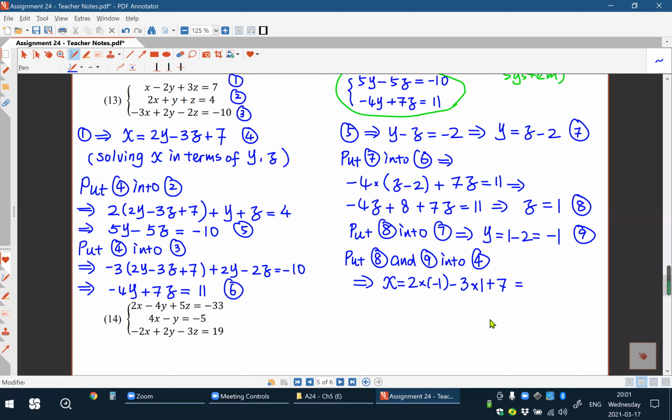So the value of x is 2. Now we can make the final conclusion: x is 2, y is minus 1, and z is 1 is our final solution.